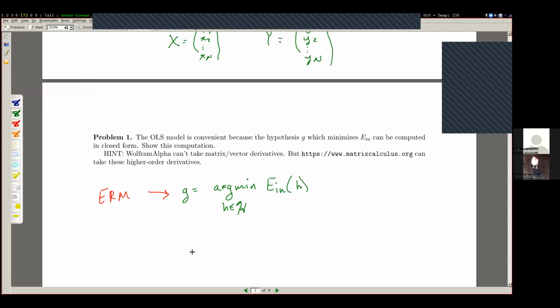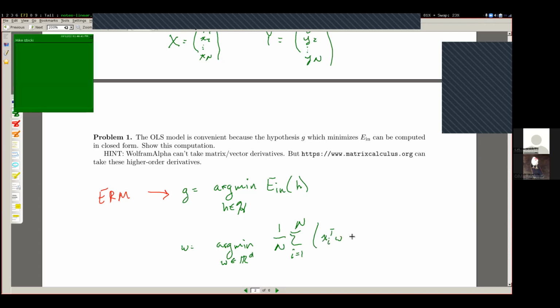Doing some substitutions, this is equivalent to saying w is equal to the argmin over w in R to the d of, again, substituting in that formula for E sub n, 1 over n, sum from i equals 1 to n of x_i transpose w minus y_i squared.